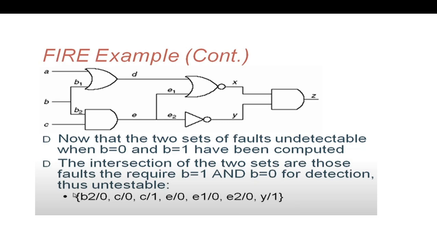Similarly, next example. Now that two sets of the faults undetectable when B0 and B1 we have obtained, the intersection of these two sets are those that require both B equal to 0 and B equal to 1 for detection. So those faults are undetectable, untestable faults.